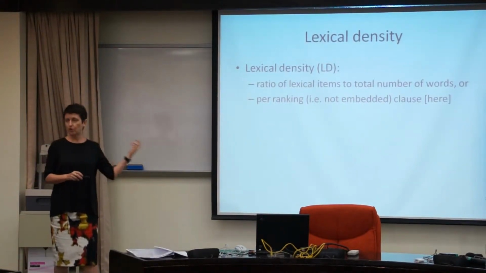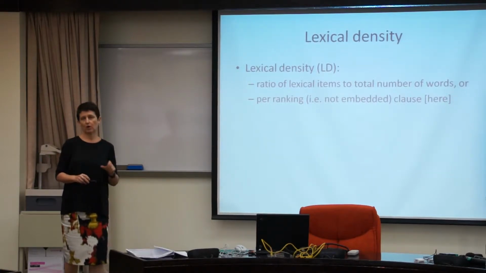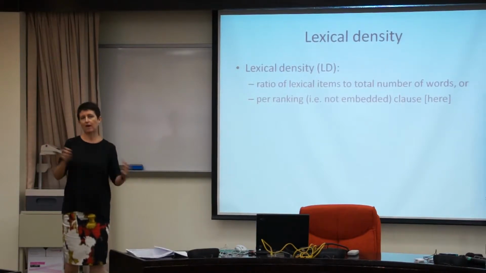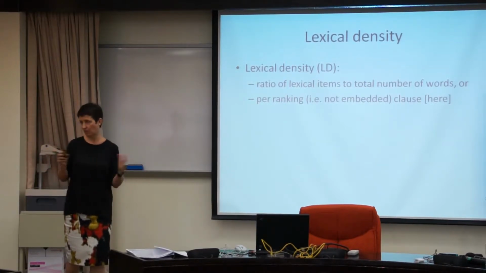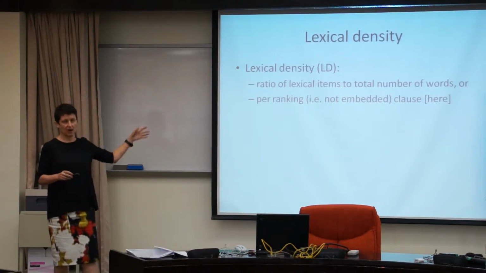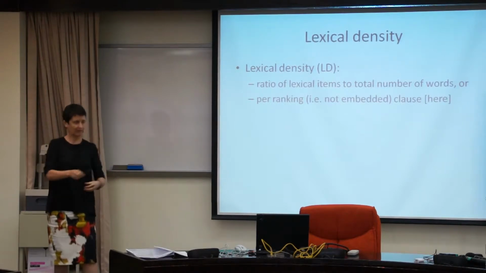Or a more useful way of doing it is content words, lexical items per clause, and then you can compare more easily between texts, and I can say more about that later if you'd like. And clauses that are acting as clauses, not being squashed and put into a nominal group.